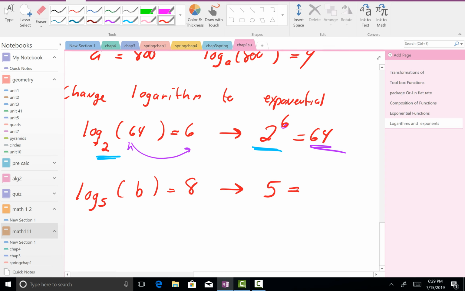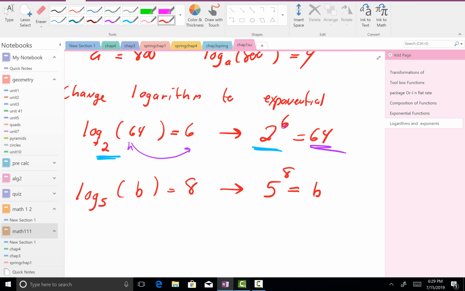To what power? 8 is equal to b. Okay. And that's it. That's all they're going to ask us to do. All right. Then there's some deals where they find the exact value.